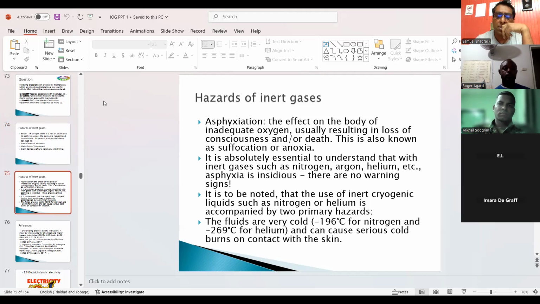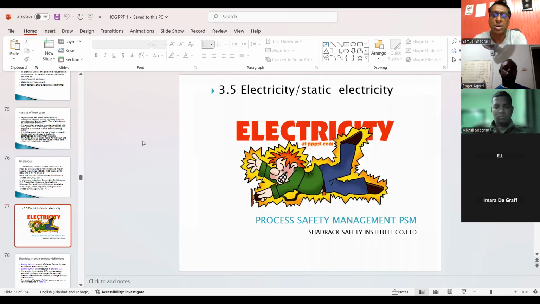If we're okay with that, we could skip some of these. Hazards of inert gases: difficulty in breathing, asphyxiation. There's no warning sign, right? All of these temperatures and stuff, you're not really required to know, but those are the features of the inert gases, like nitrogen, etc.